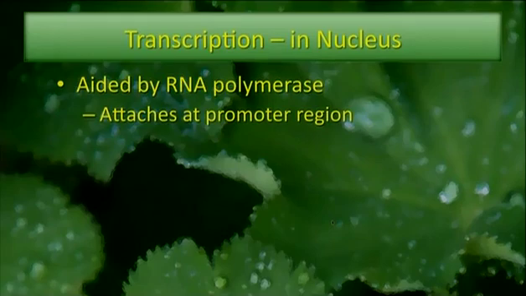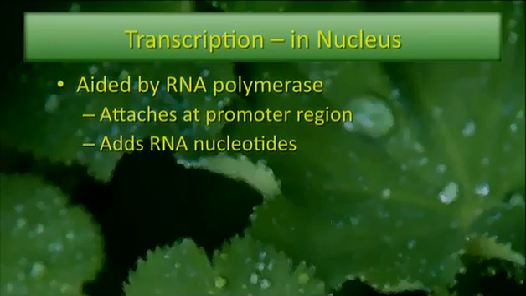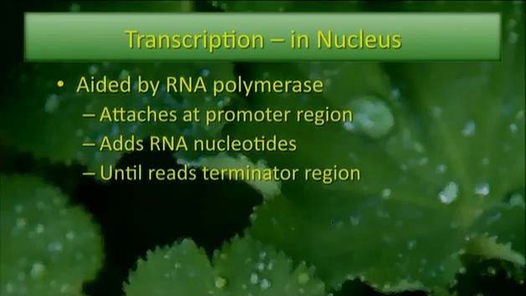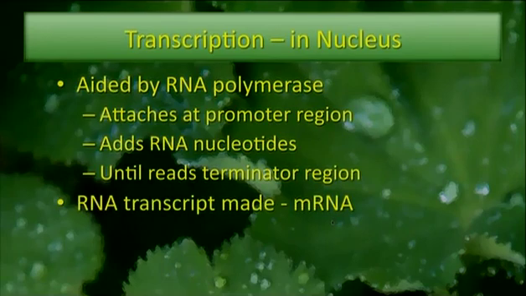Then RNA polymerase adds RNA nucleotides until it reads the terminator region. Then the enzyme falls off the DNA. Then the RNA transcript is made that way, and that's called messenger RNA, or mRNA.